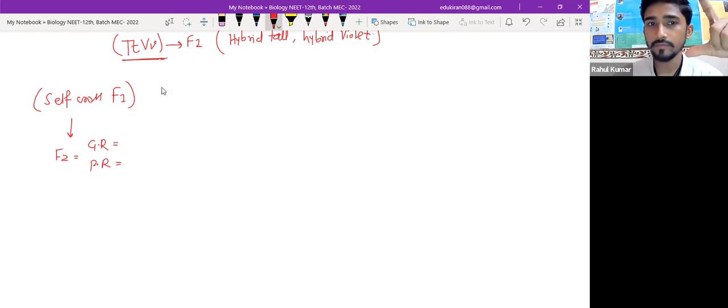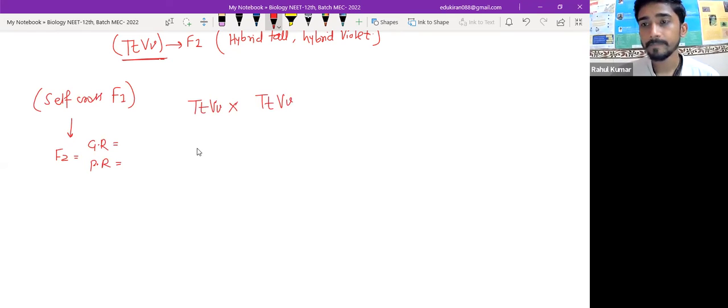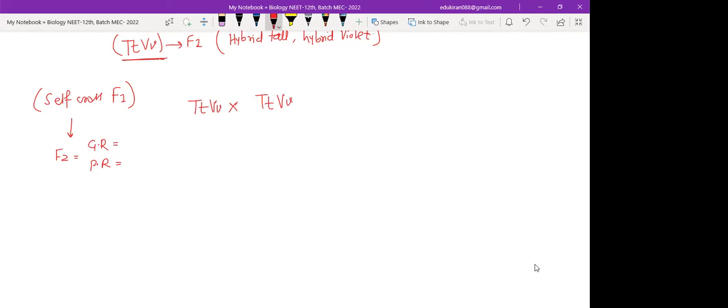Find the genotype of the F1, which you have to cross, which is already given here. So the cross that I'm asking you to make is capital T, small t, capital V, small v into capital T, small t, capital V, small v. First figure out the gametes, then make the Punnett square and do the cross. Everyone, are you doing it? And let me know when you're done. Just say done.